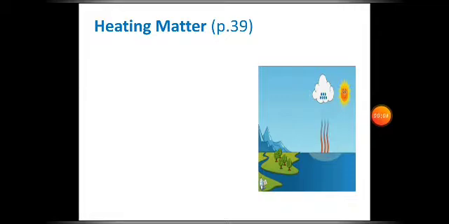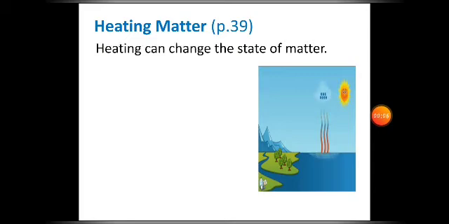Another example of the result of heating in matter is the evaporation of water. Let's say we have the puddle or the sea or the pool here. So when the sun shines on these bodies of water, you will notice that the water particles are going to evaporate. Again, what is evaporation?